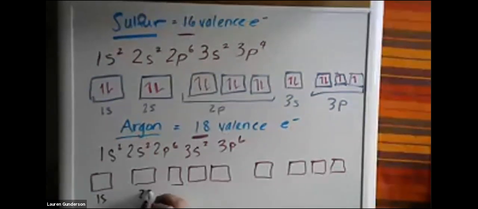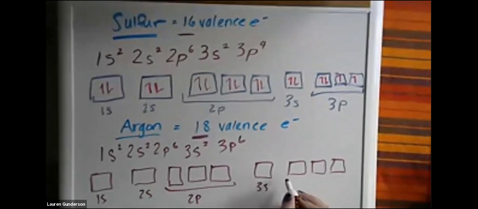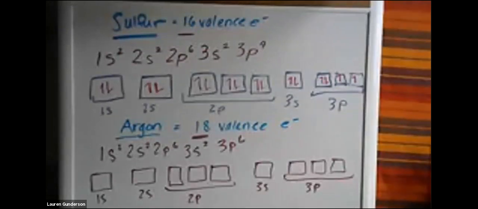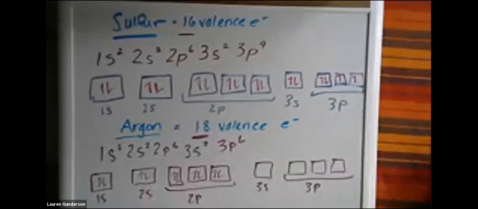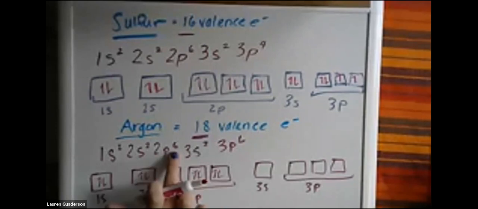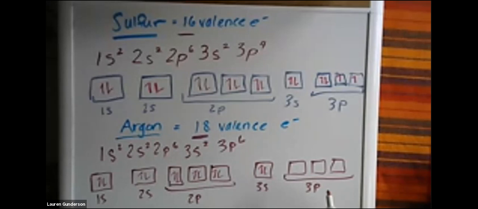It's 1s, it's 2s, it's 2p, that's 3s, that's 3p. All right, and now I will fill in my electrons. There's my 1s, there's my 2s, my 2p. Notice how it's 1s2, 2s2, 2p6. 3s2, and then 3p, 1, 2, 3, 4, 5, 6.